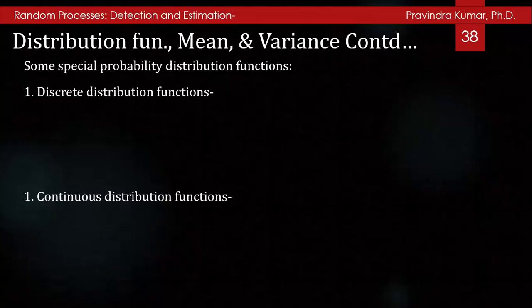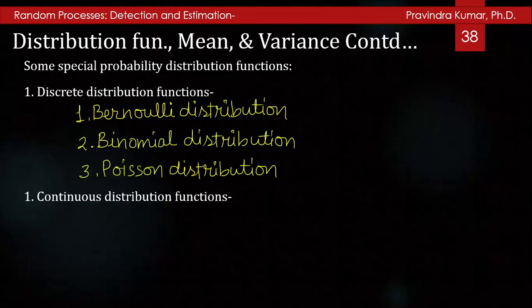There are some important distribution functions that are frequently used. We will discuss some discrete and continuous distribution functions in the next lecture. The discrete distribution functions are Bernoulli distribution, binomial distribution, and Poisson distribution.